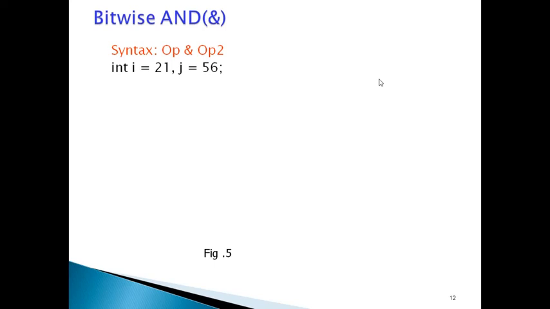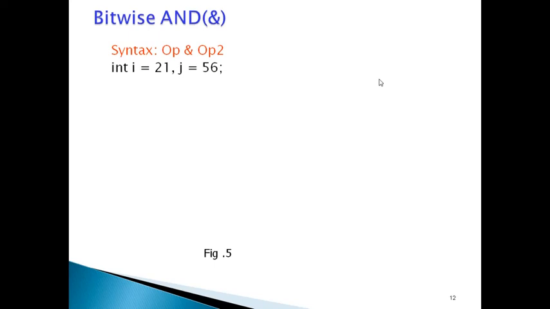The logical AND is used while evaluating expressions, to check whether both conditions are true at a time. The bitwise AND operation is used to perform the AND operation at bit level.